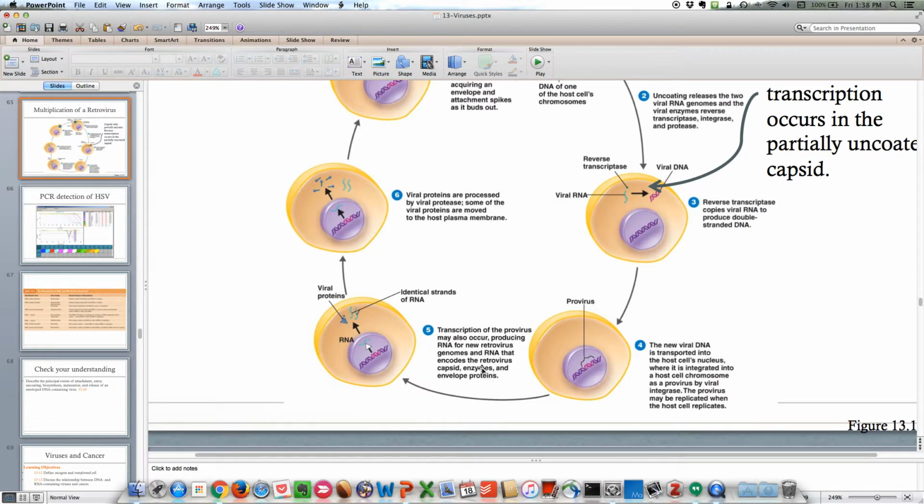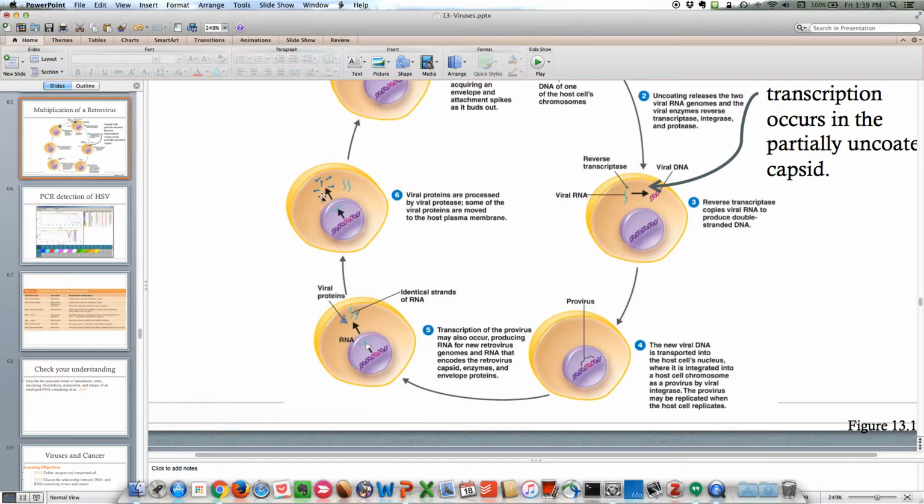And so at some point, however, the provirus may be transcribed even while it's sitting inside the host cell genome. And when it's transcribed, that will produce new copies of its RNA genome as well as some viral proteins. And in fact, stimulation of transcription is one of those things that may be a result of, say, stress on the host cell, for example.